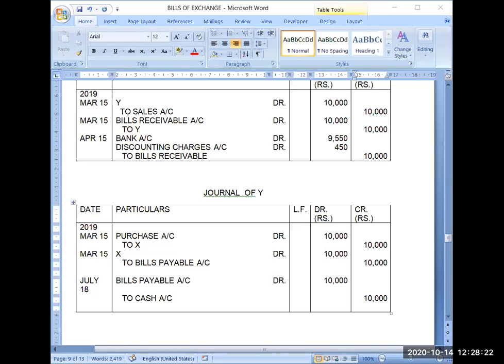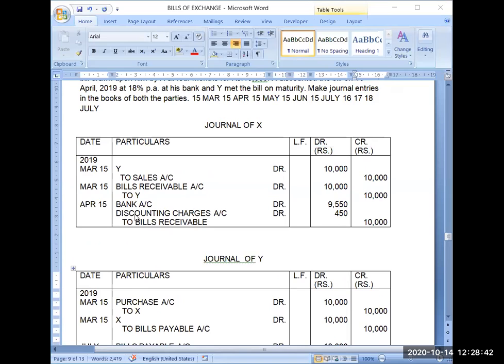So in this case, these 2 points should be clear to you: Y will not record any transaction for the discounting of the bill, and X will not record any entry for the payment made by Y to the bank. So these two concepts should be clear here. One new concept was discounting charges, how to calculate the discounting charges.